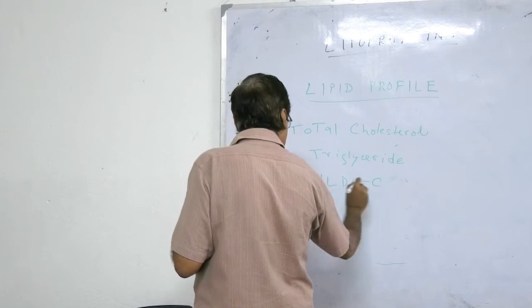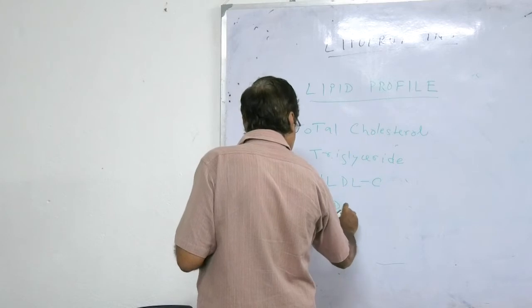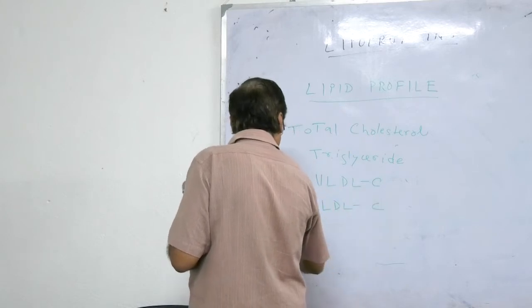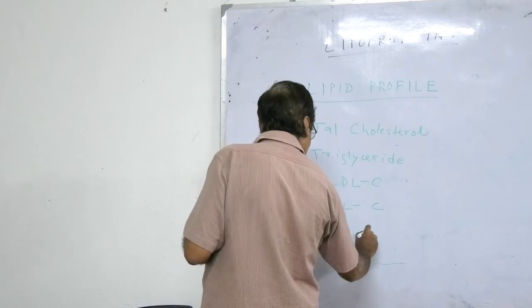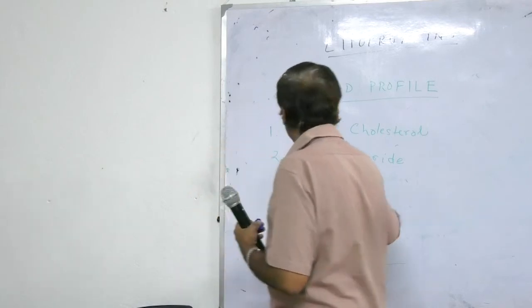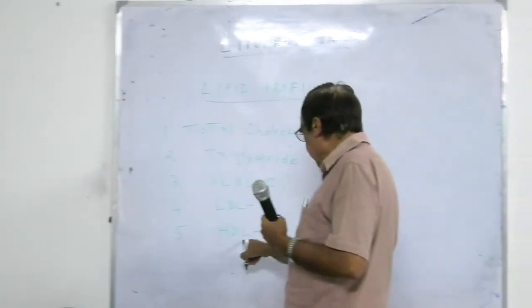I will discuss what the difference is. Number four, LDL cholesterol. Number five, HDL cholesterol. C means cholesterol: VLDL cholesterol, LDL cholesterol, HDL cholesterol.